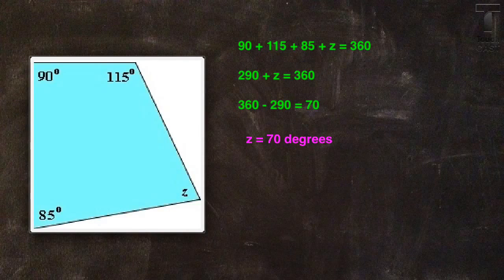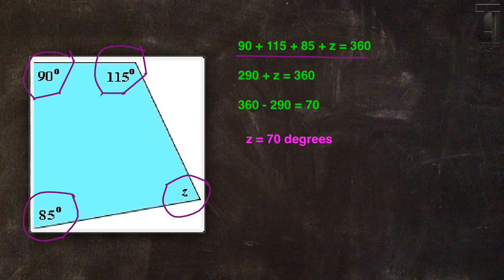So let's solve for the missing angle in a quadrilateral. So in this quadrilateral, we have 90 degrees, 115 degrees, and 85 degrees. And we know that plus angle Z is going to give us 360 degrees.